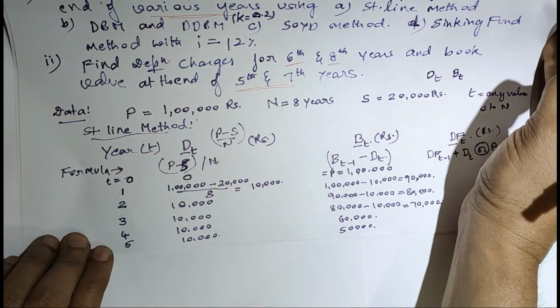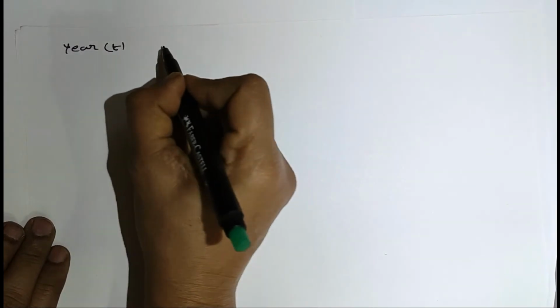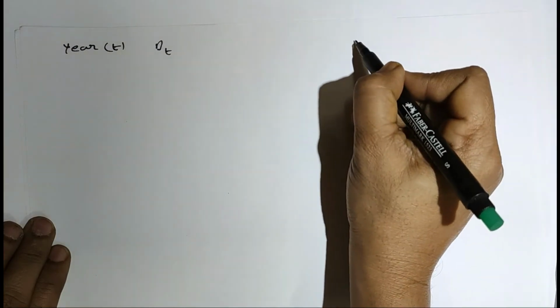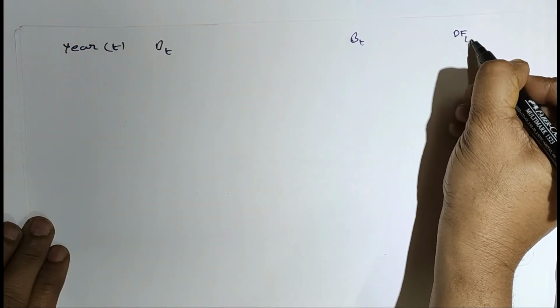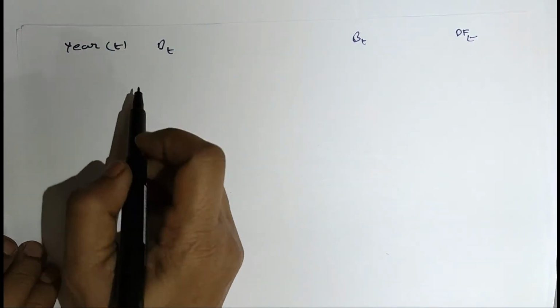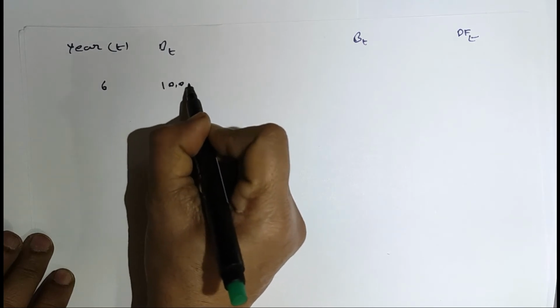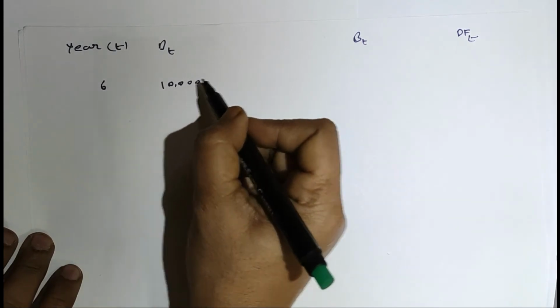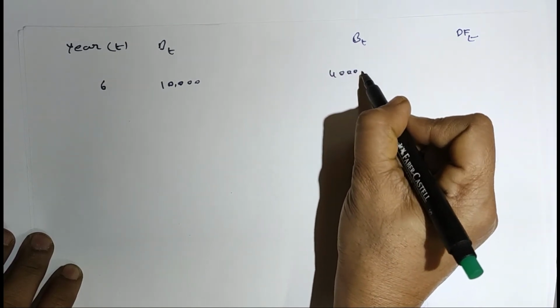Similarly, we will have the headings as year, that is T, depreciation charges, book value, and then depreciation fund. Now, till the 5th it is over. 6th year, 10,000. We have the previous book value as 50,000. 50 minus 10, 40,000.